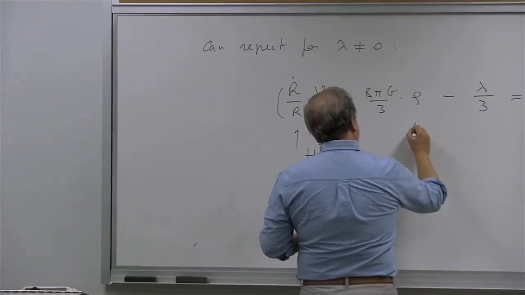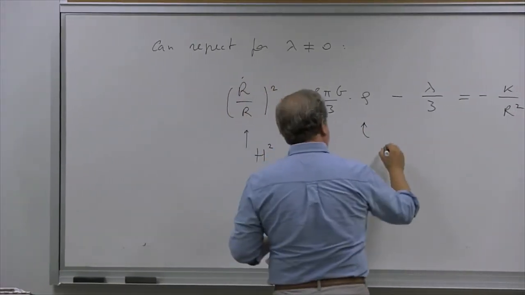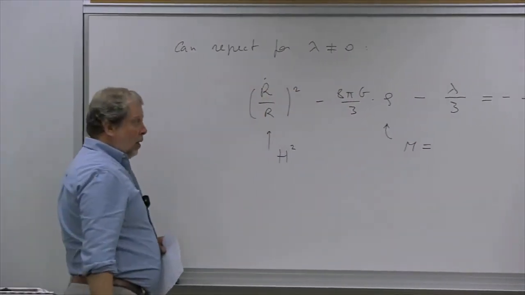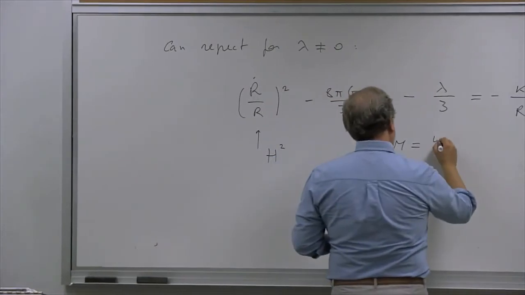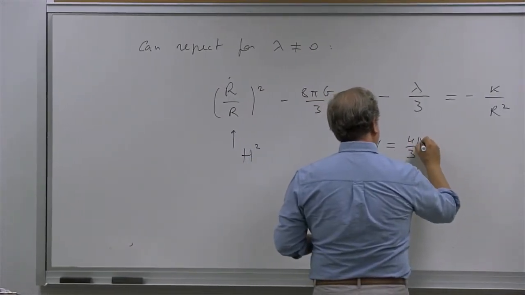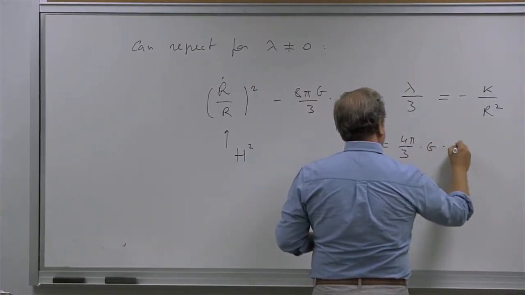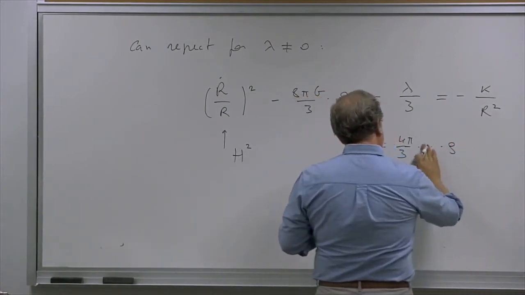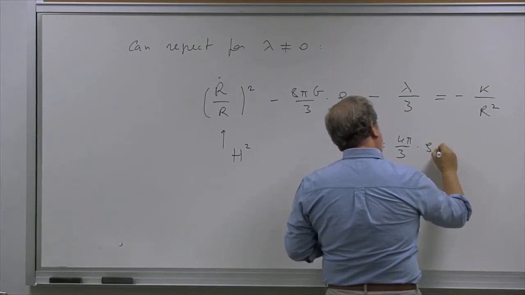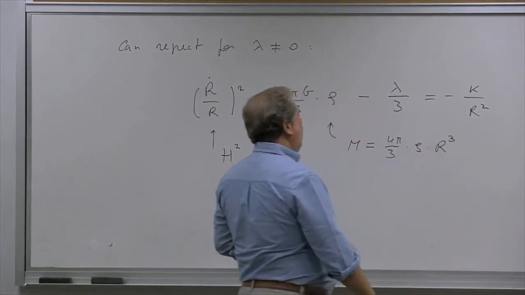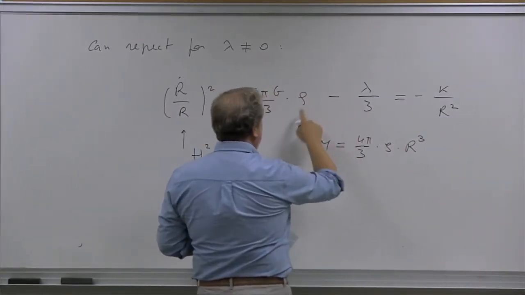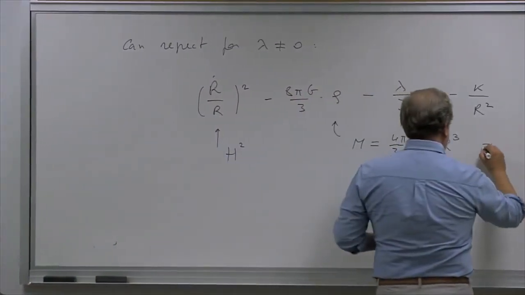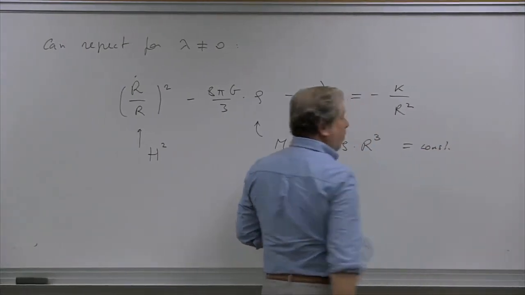And in here, if we have non-relativistic matter, we can write that rho is related to the total mass by M equal to 4/3 pi times rho times r cubed. So we can substitute for rho what we get from this expression. This M is, of course, constant. This is energy conservation.